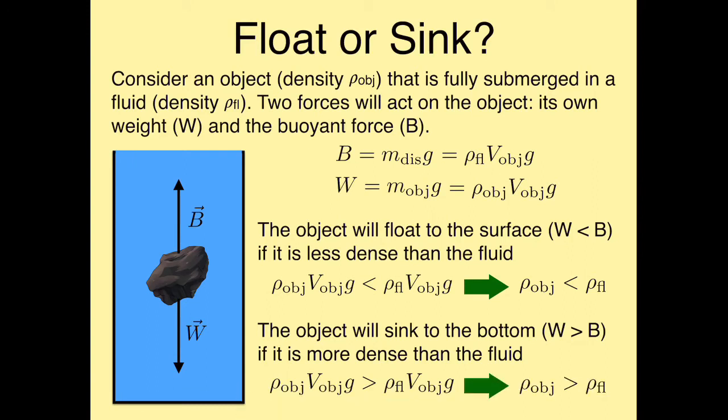This tells us the density of the object is greater than the density of the fluid. So intuitively, we know that if you have a more dense object than the fluid that it's in, it's going to sink to the bottom, okay? So this is stuff that we might intuitively know, but we can actually see it work out mathematically using Archimedes' principle.